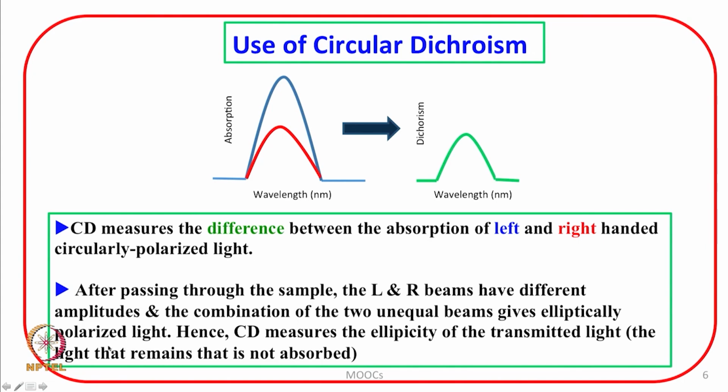I suggest you go through the principle of circular dichroism spectroscopy if you would like to learn in more detail how the elliptically polarized light is obtained. And hence the CD measures the ellipticity of the transmitted light, the light that remains, that is not absorbed, and pictorially it is represented in this figure.